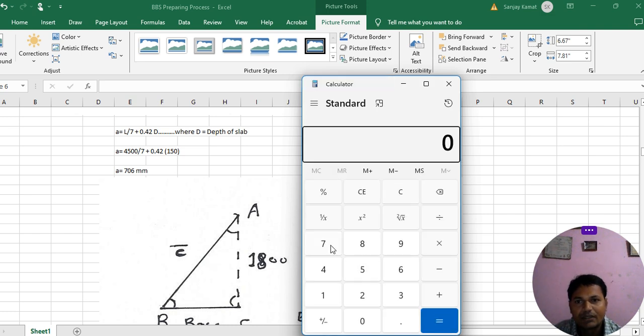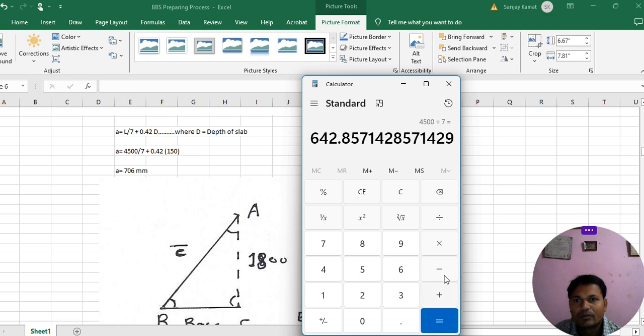To understand this, we have to type 4500 divided by 7. If we do, how much is it coming? This much, plus 0.42 multiplied by 150.